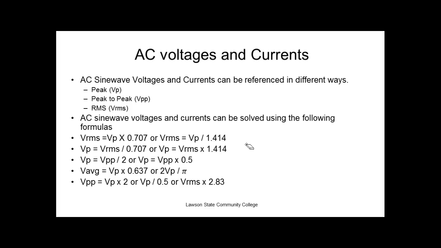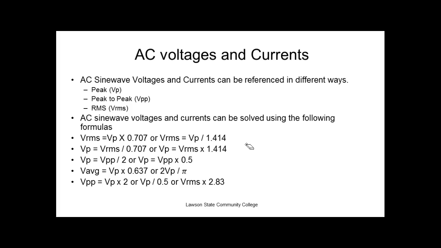A lot of books teach 1.414. A lot of books teach 2.82. So I could take peak to peak and divide it by 2.82, and that would give me VRMS. But it would be easier for me to take V peak to peak and divide it by 2 and multiply it by 0.707. I would get the same answer, right? You understand what we're saying?